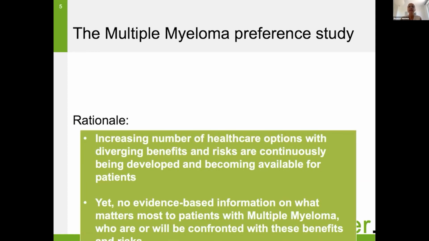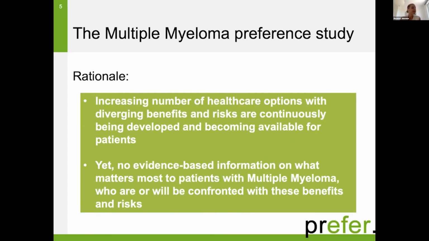So why did we investigate differences among the multiple myeloma patient population? The multiple myeloma therapy context is associated with an increasing number of drug therapies which have diverging treatment attributes, as Isabel explained. So these are benefits, risks, uncertainties.